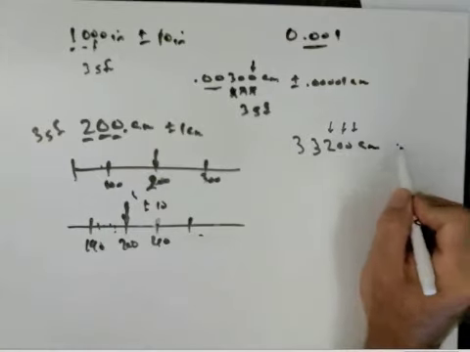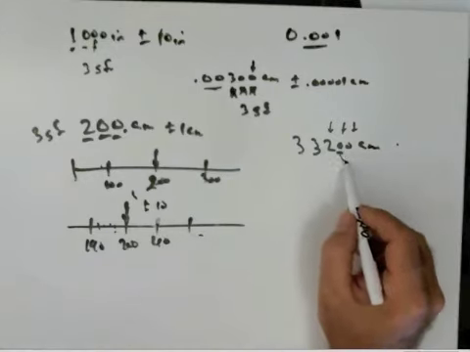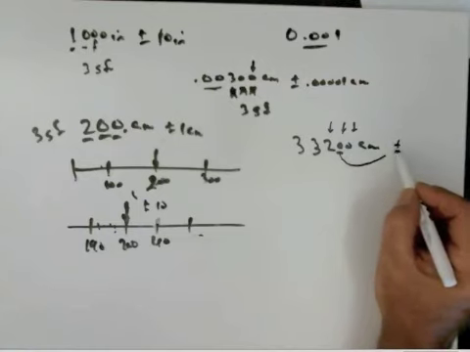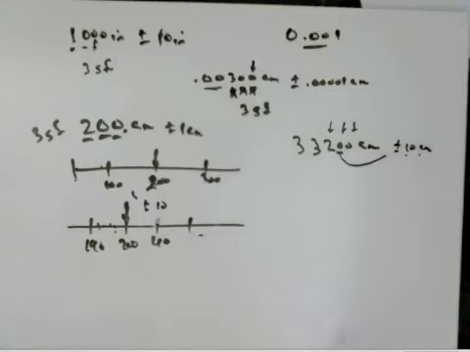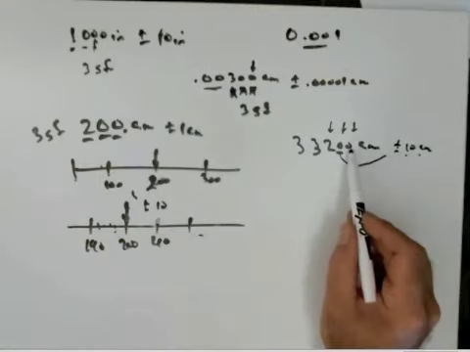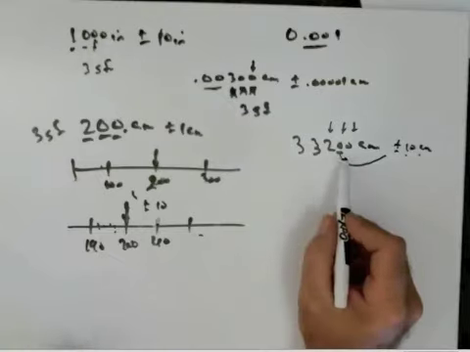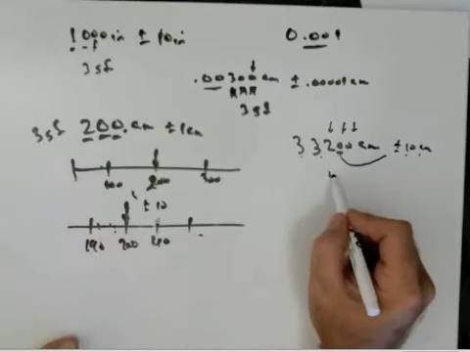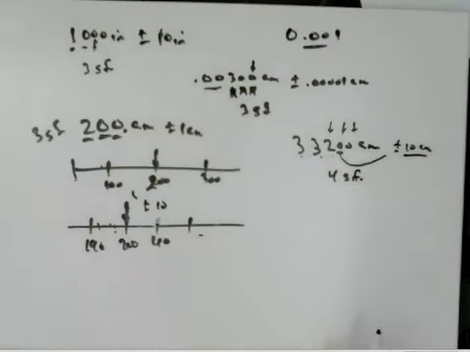Well, rather than writing plus or minus 10, sometimes we'll just put a line under that 0 to say that 0 there means it was measured, and that'll be a shorthand for writing plus or minus 10 centimeters, because the plus or minus 10 means that 0 was the decimal place that was guessed. This final 0 is just a placeholder, so it doesn't count as a measured decimal place. So in this case, we'd say 1, 2, 3, 4 sig figs. 4 measured places, and plus or minus 10.